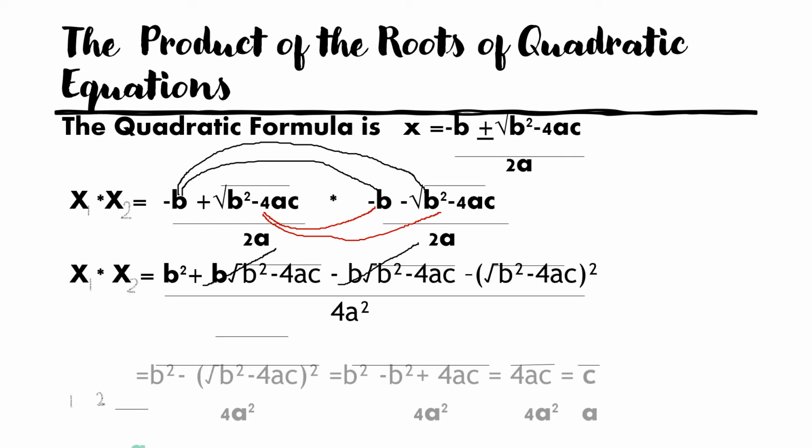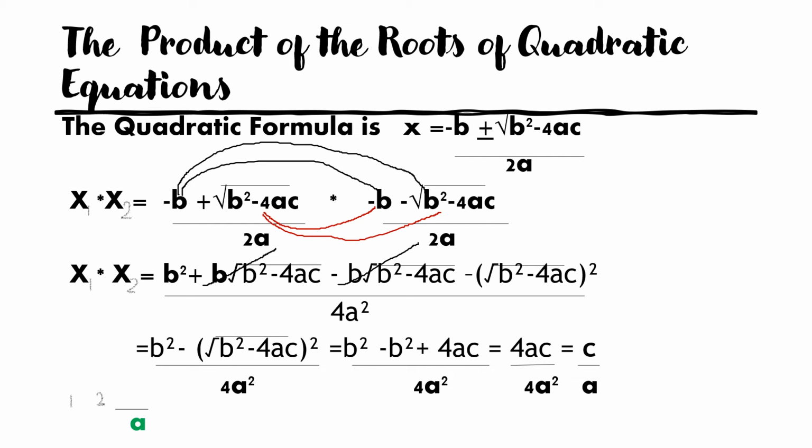What we have now is b squared minus the remaining, which is square root of b squared minus 4ac, with the exponent 2, divided by 4a squared. Now, look at this. This is a square root sign, understood the index is 2, and we have exponent 2 here, which means we can cancel this radical sign.